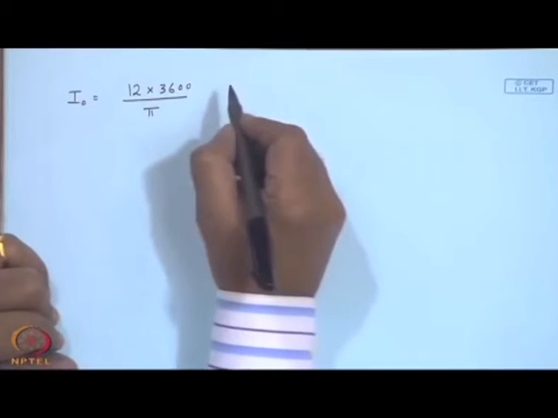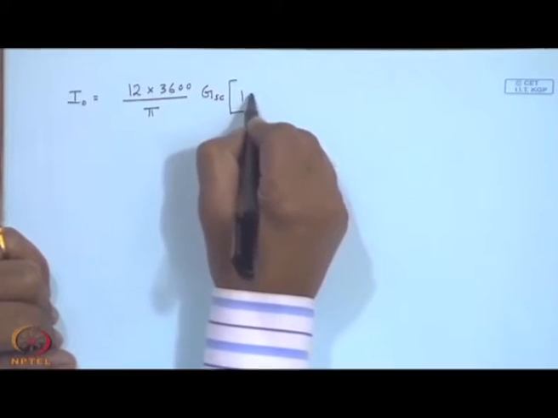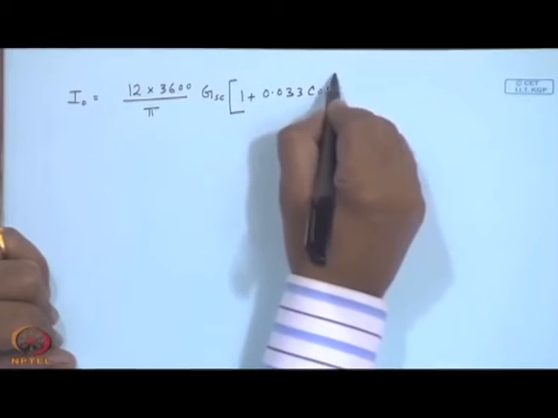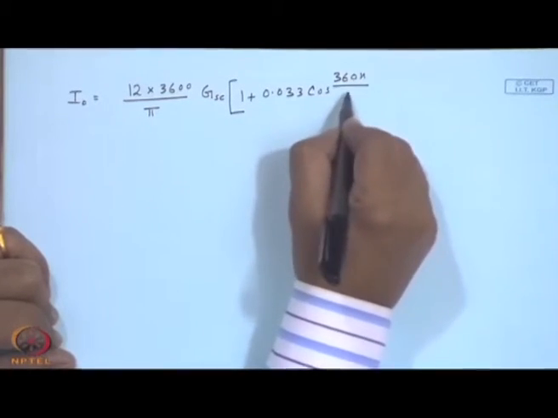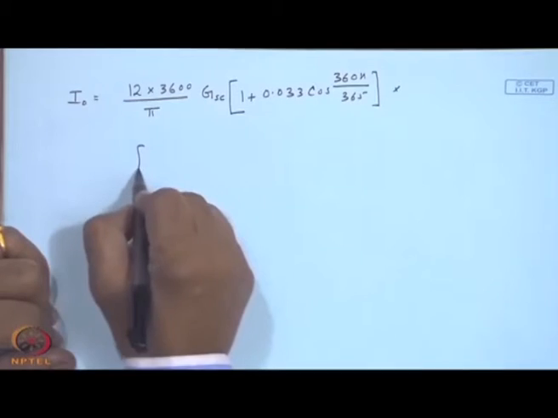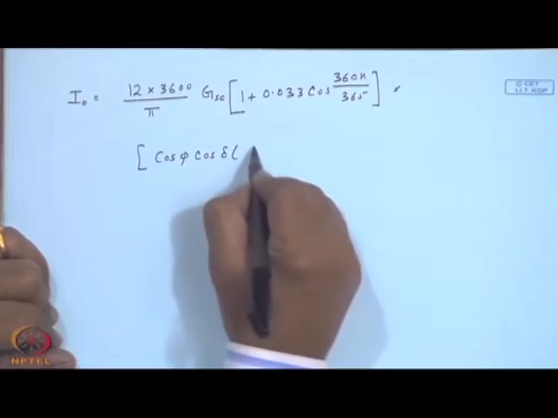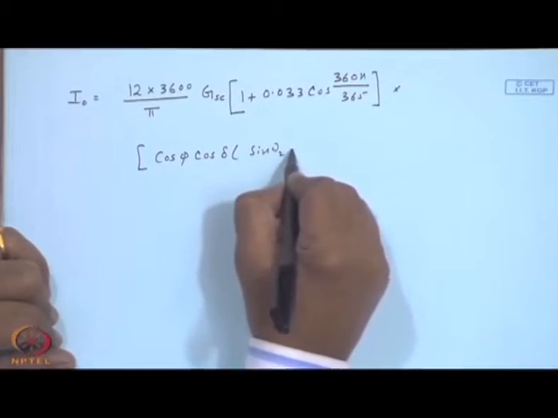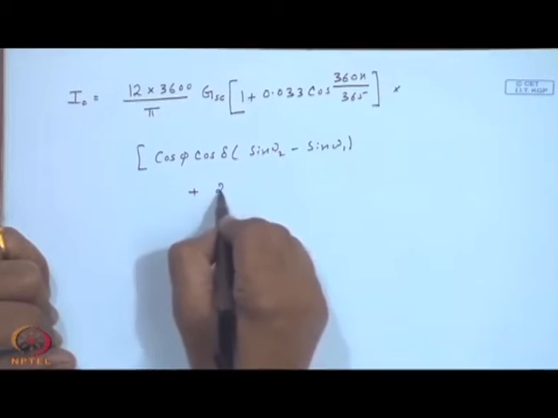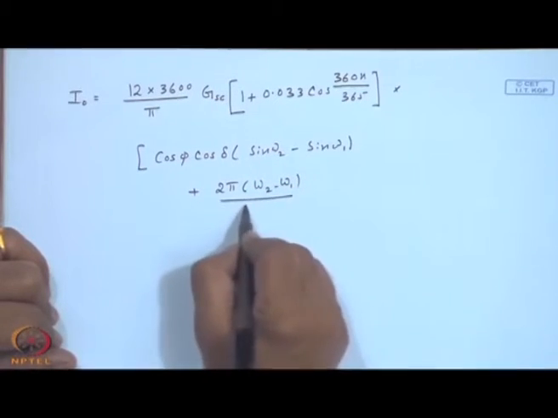I0 equals 12 into 3600 by pi times the solar constant G SC times the variation 1 plus 0.033 cos 360 n by 365 times cos phi cos delta times sin omega 2 minus sin omega 1 plus 2 pi times omega 2 minus omega 1 by 360.